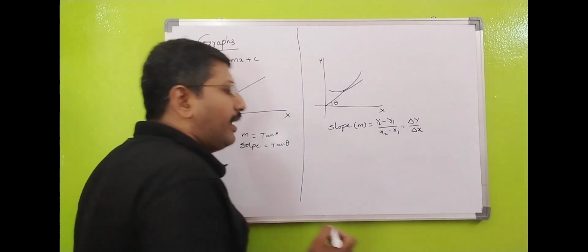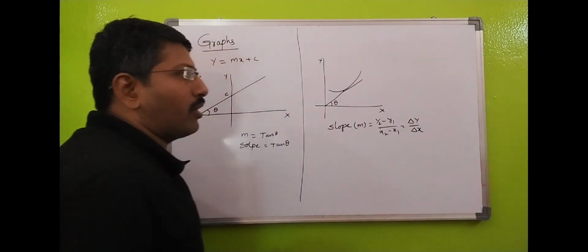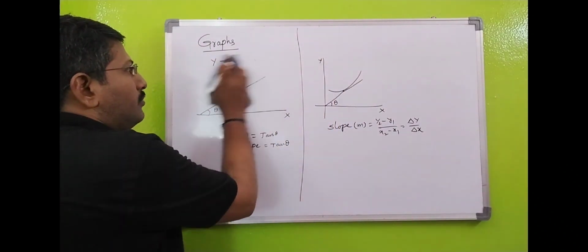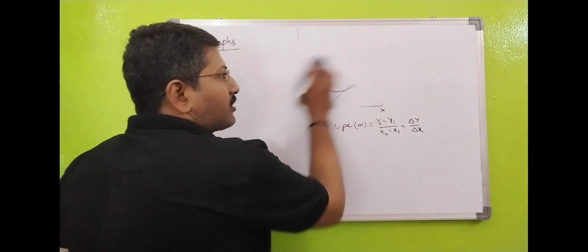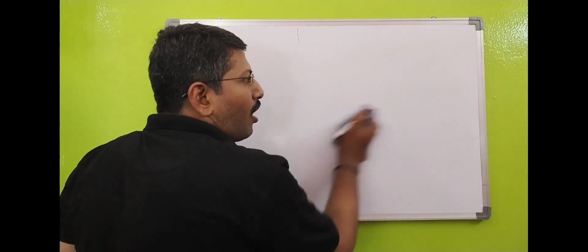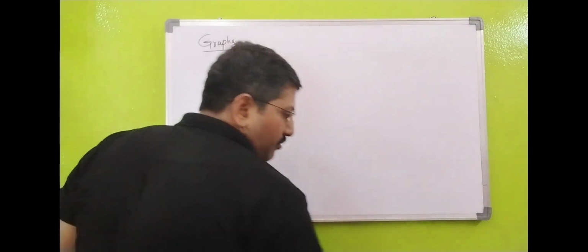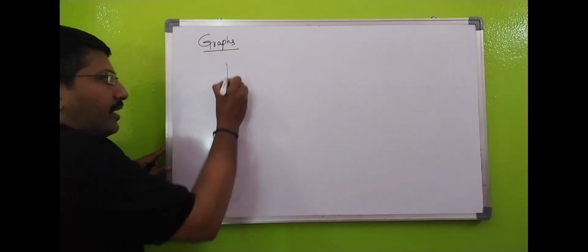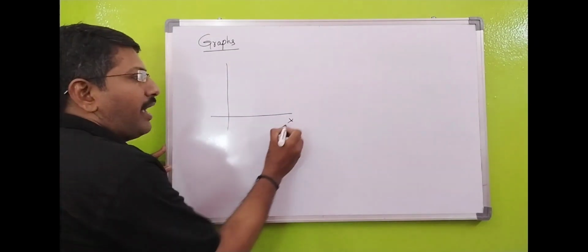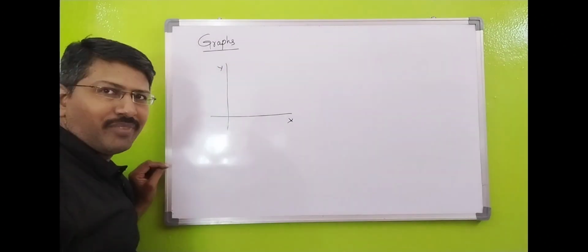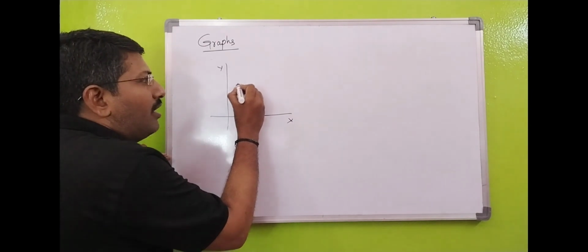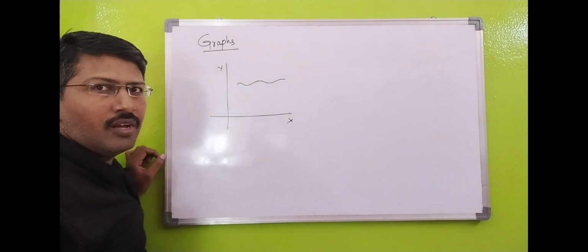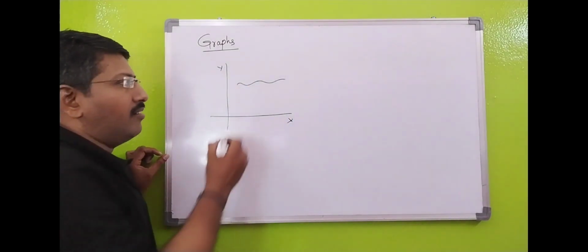Okay. Next, if you observe some more graphs, sometimes they ask a question on area. How to calculate area? I take one graph, x-axis and y-axis. Somebody has given a graph like this. Now how to calculate the area?